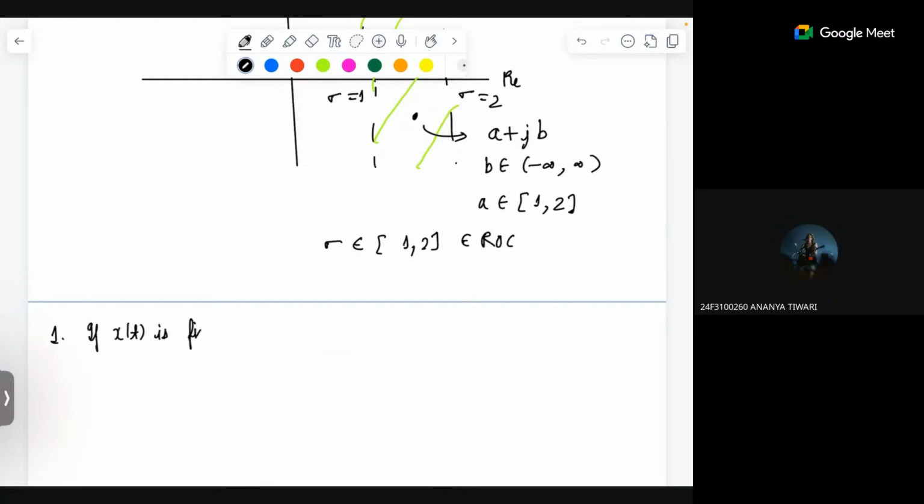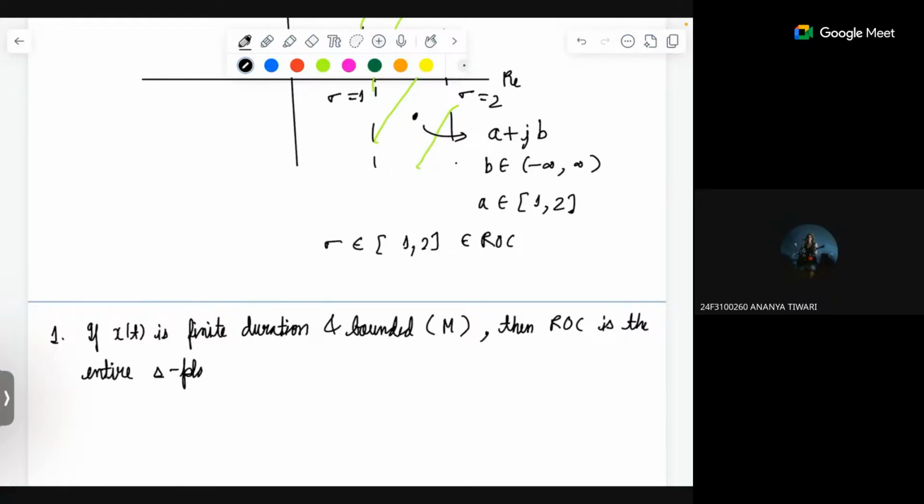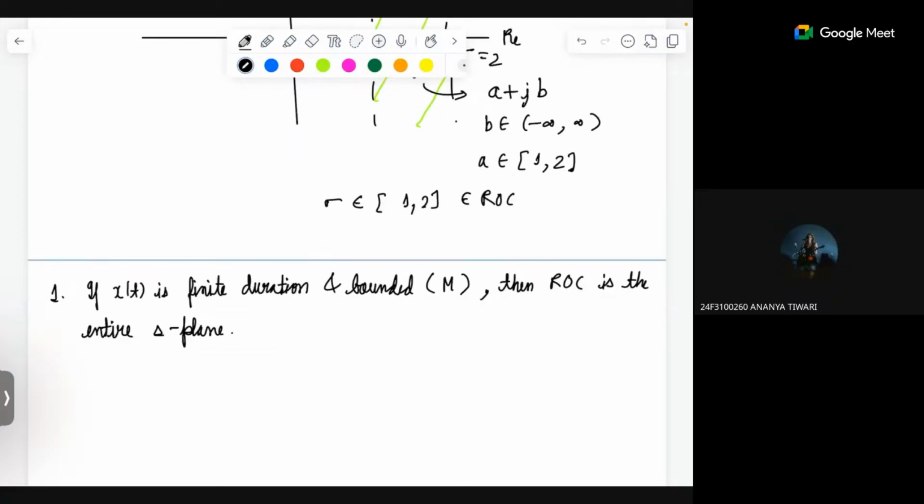If x(t) is finite duration and bounded, and let us say it is bounded by capital M, then ROC will be the entire S plane. So this was number one.